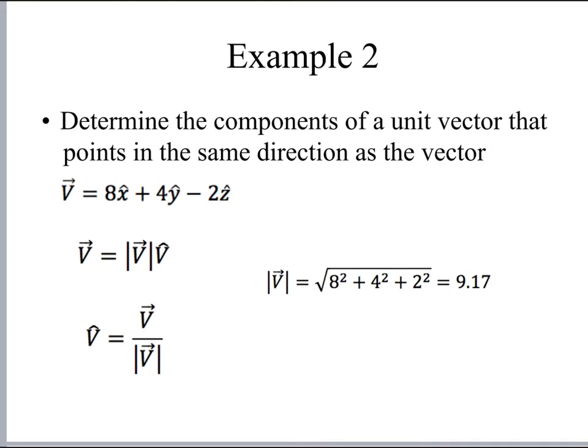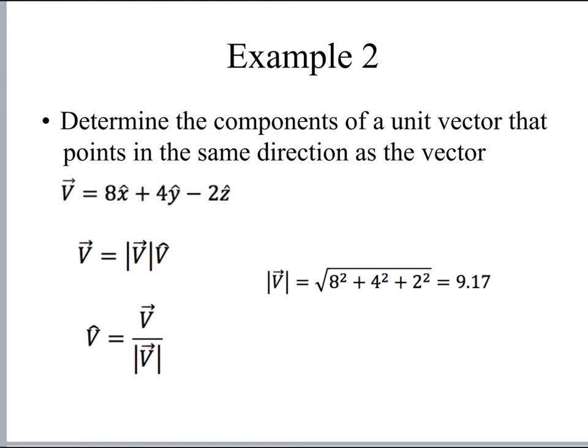Now let's look at another example of using a three-dimensional vector. Here's an example. Determine the components of a unit vector that points in the same direction as the vector 8x hat plus 4y hat minus 2z hat. It seems like a hard problem.